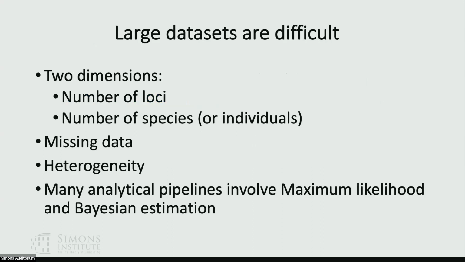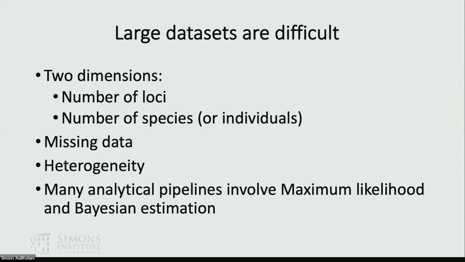So large data sets are difficult for very interesting reasons. One is just size. You can have many loci, you can have many species. You can have many individuals in each of your species. You could have missing data, you get heterogeneity. If you're allowing yourself to look at genome scale data, you don't get nice data anymore. It's not like every gene has lots of signal.